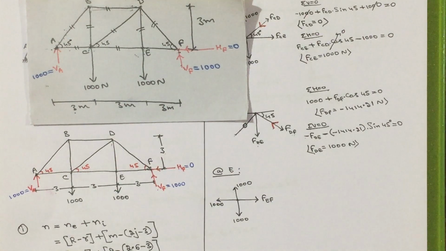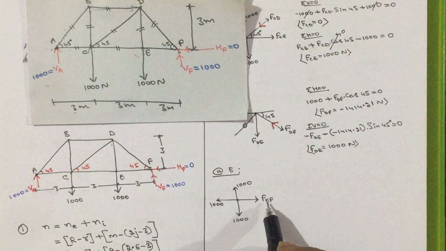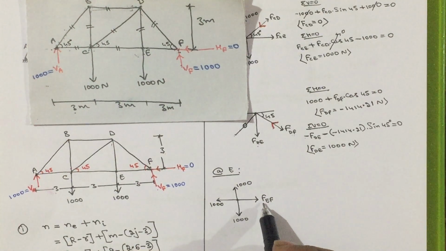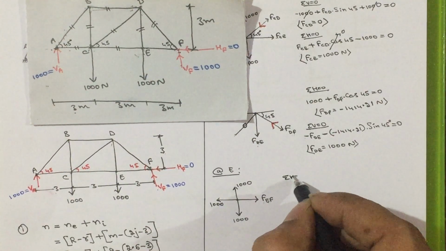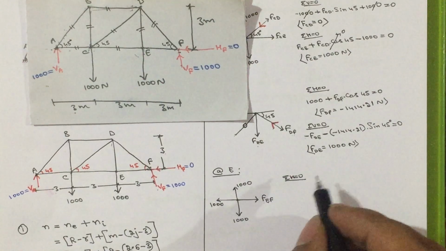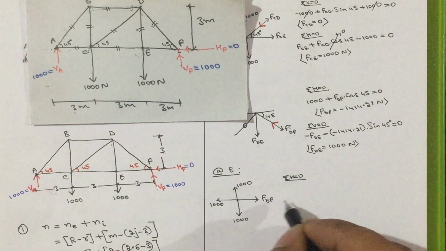Okay. Now what we need, FEF. FEF, it is nothing but it is horizontal, so apply the horizontal condition, sigma H is equal to 0. So you are going to get only the horizontal forces.